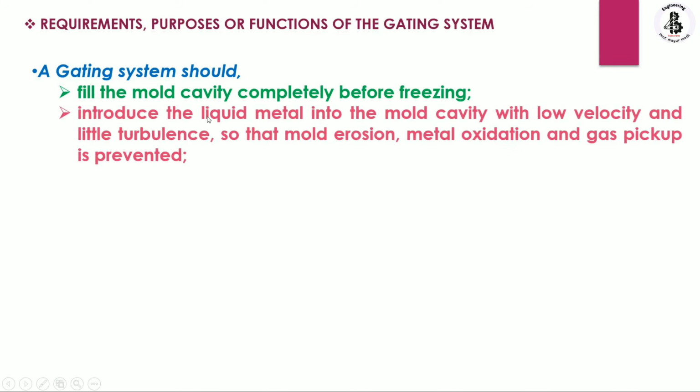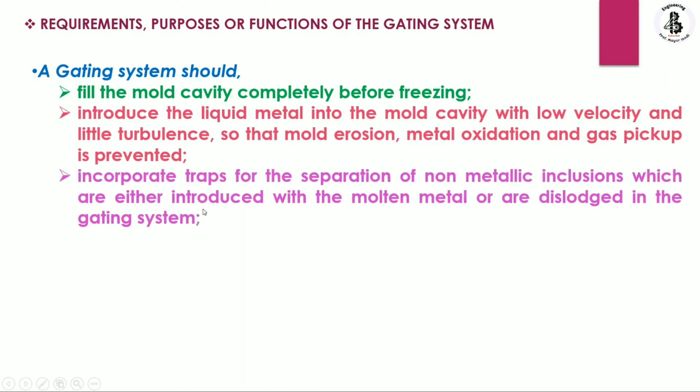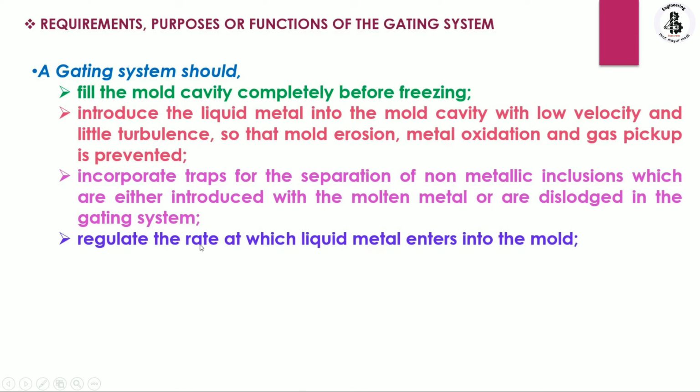Second, introduce the liquid metal into the mold cavity with low velocity and little turbulence, so that mold erosion, metal oxidation, and gas pickup are prevented. Then incorporate traps for the separation of non-metallic inclusions, which are either introduced with the molten metal or dislodged in the gating system. Then regulate the rate at which the liquid metal enters the mold cavity.